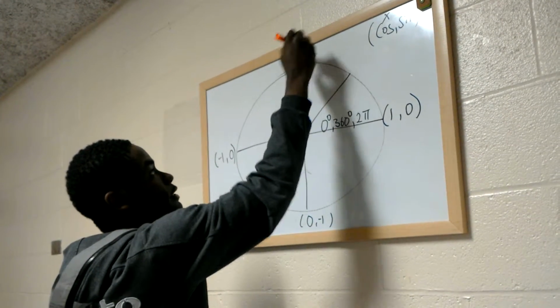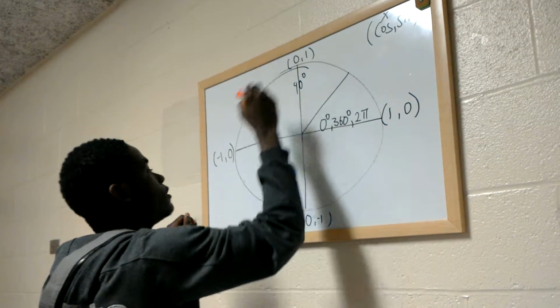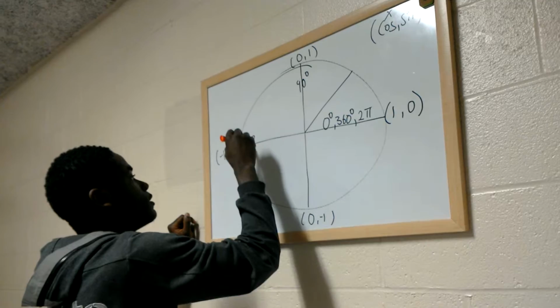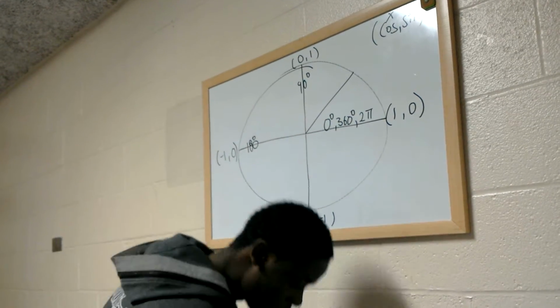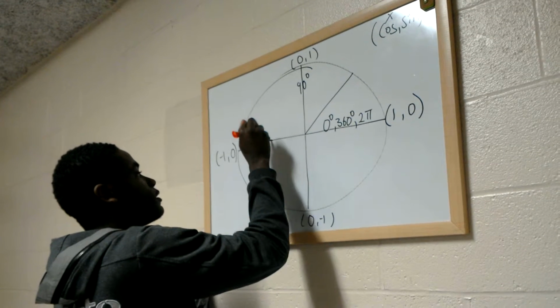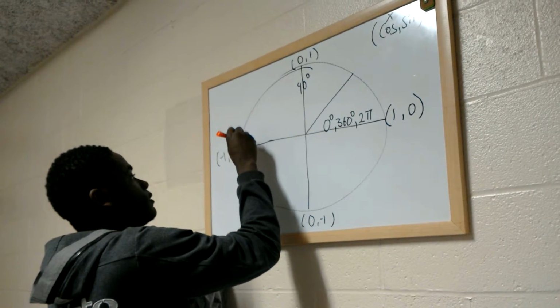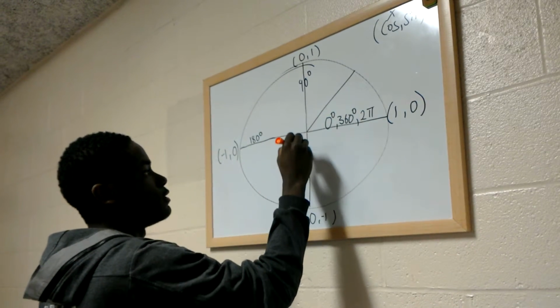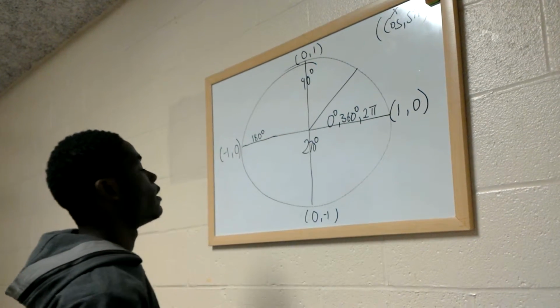So this is 90 degrees right here. This right here is 180 degrees. You have 270 degrees right here.